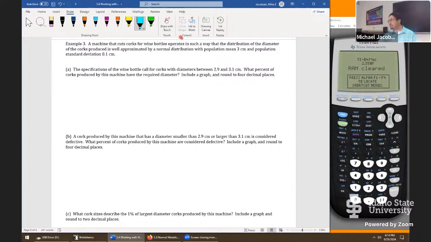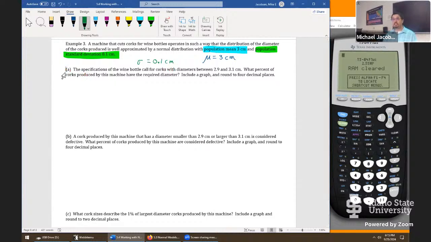It's a good time to start recording information. In our language, we would say mu is 3 centimeters. We have a population standard deviation of 0.1 centimeters. And so that's our value for sigma. So that's the breakdown of the problem so far, finding the parameters.